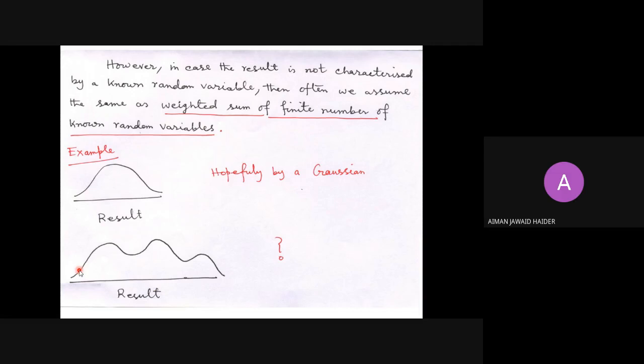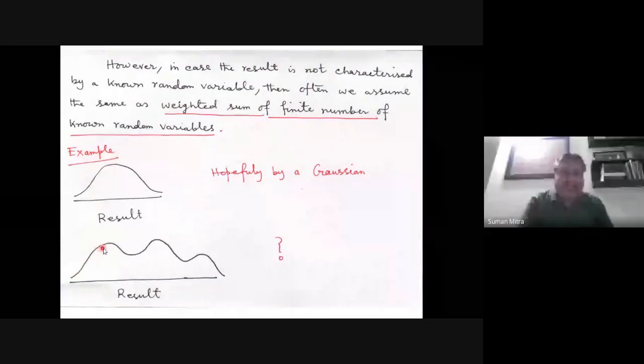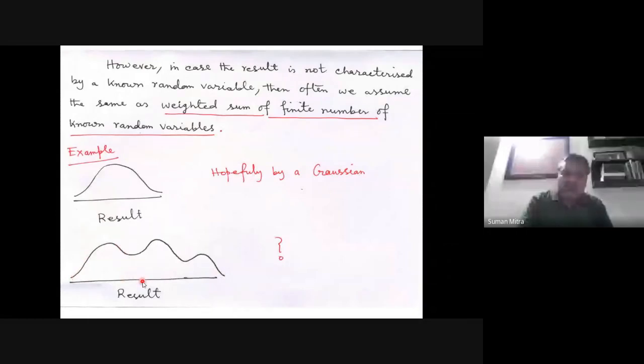So the task now is, can we separate out the foreground which is moving from the background which is not moving? For that task, we may get a result like this. What is this result? Look at my pointer.